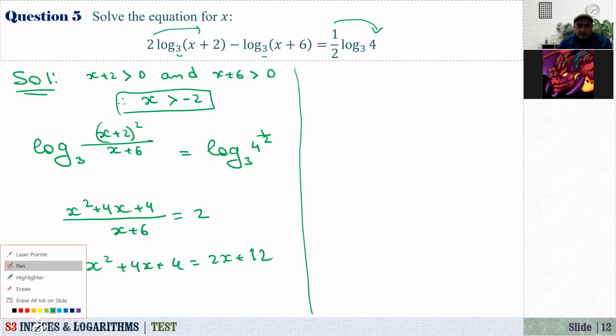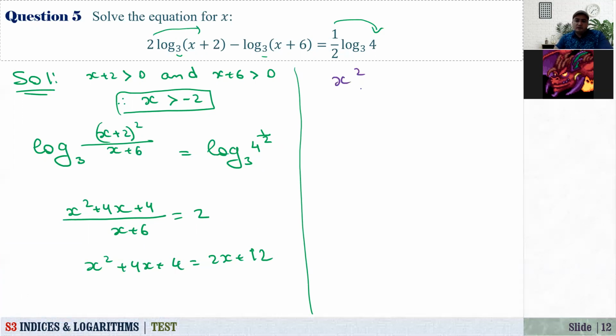Okay, now let's continue. Bring it into the standard form of a quadratic equation. Let's write it a bit nicely. Here we have x squared, 4x minus 2x is plus 2x, 4 minus 12 is minus 8, that's equal to 0. And it's factorizable. We can solve this quadratic equation by factorization. It is 4 times -2, 4 plus -2.